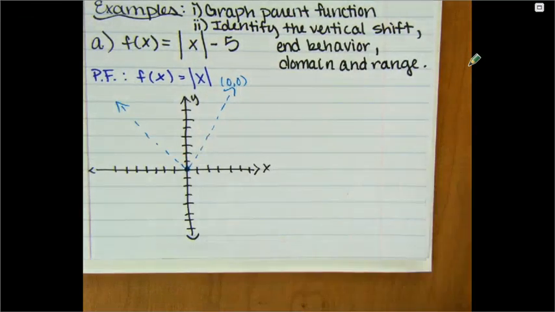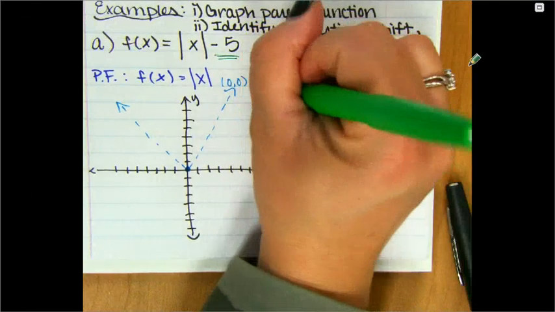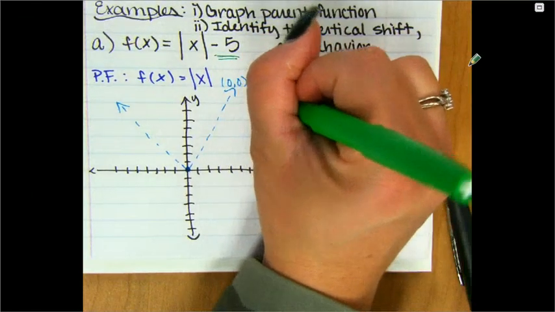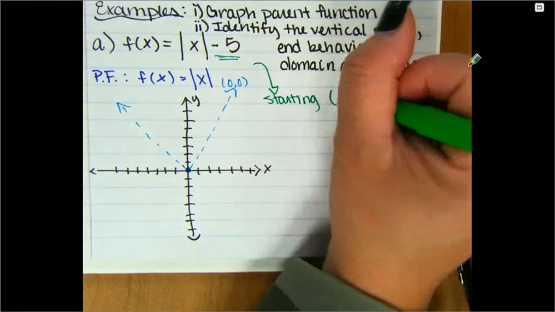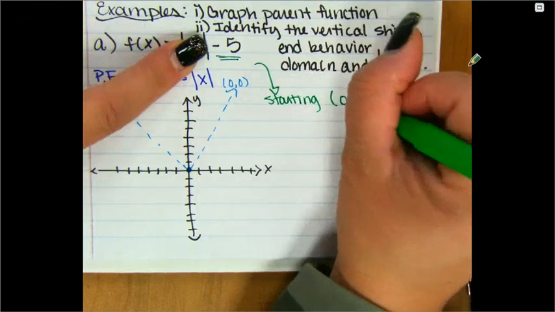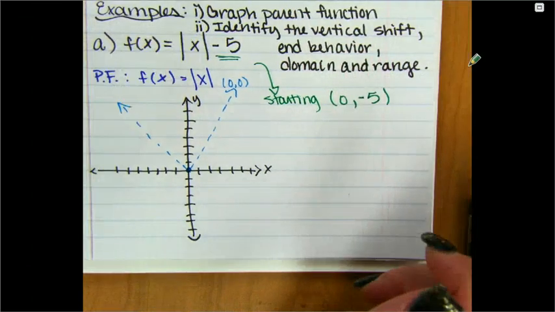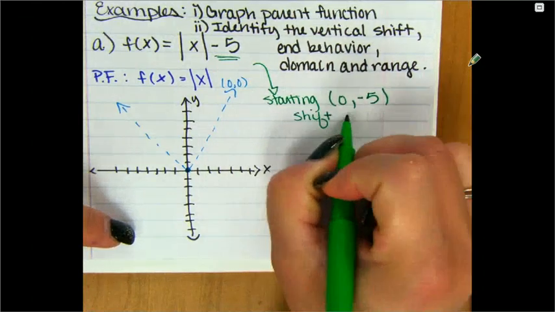Got it? Now, this right here says I have a -5. I want to talk about the starting point, or the vertex, right? My starting point for today is always going to be where h is 0. So for today, h is 0, and k is -5. So that means it's shifting up or down?